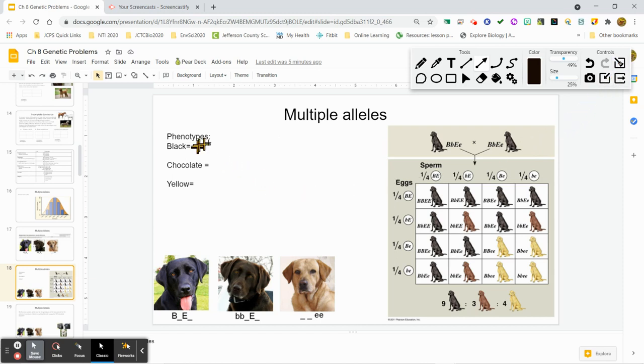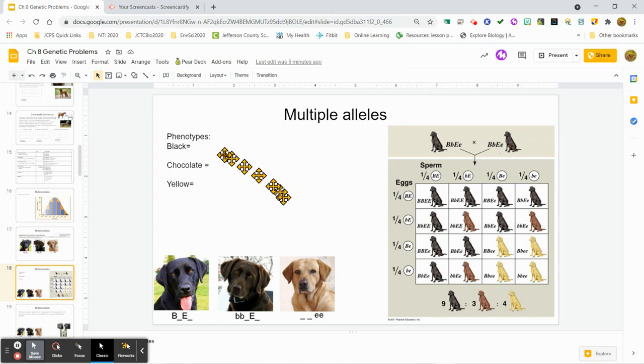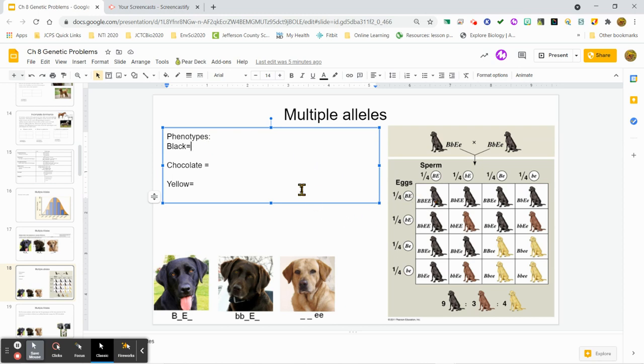And so we're going to talk about what the phenotypes are. For black, you can have big B, big B. You can have big B, little b.